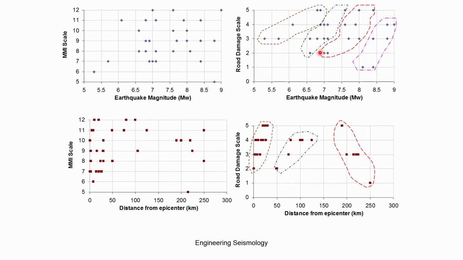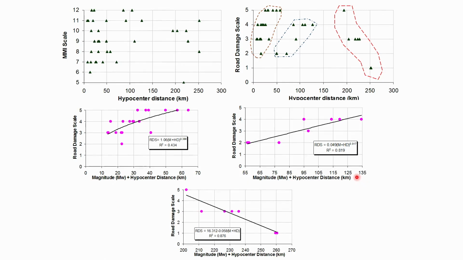We find that there was a unique way of grouping the data. You can see the earthquake magnitude for the same damage to the road, but in the redefined RDS scale. Similarly, you can see it again with distance. Now we combined both distance and magnitude. This is the MMI scale with hypocentral distance, and this is the RDS scale with hypocentral distance.